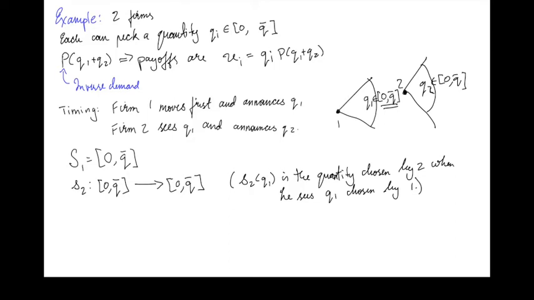So the strategy here would be a function from the strategy space of player 1, or the action set of player 1 at this information set, to all the actions available to player 2. In general, you can always think of a strategy as being a function from information sets to actions.